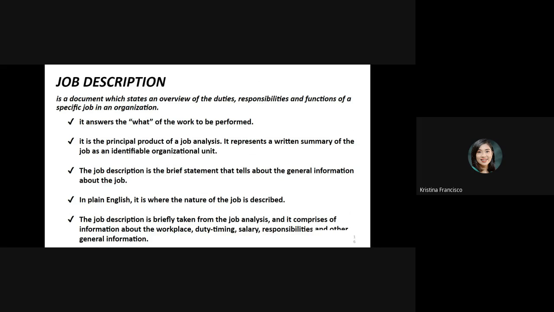Simply put, para mas madali nating maintindihan or ma-remember, pag sinabing job description, it describes the job itself. Meaning, it is not the person who will do the job.